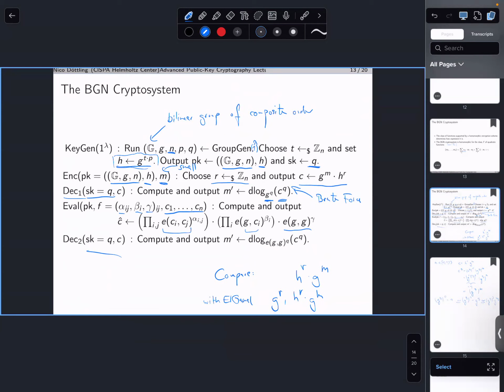Look, I don't know why use DEC1, DEC2 here. You could do everything with DEC2, right? If you get, let's say, a ciphertext in the source group, you could just pair it up with g and then run DEC2. It would give you the same thing, right?